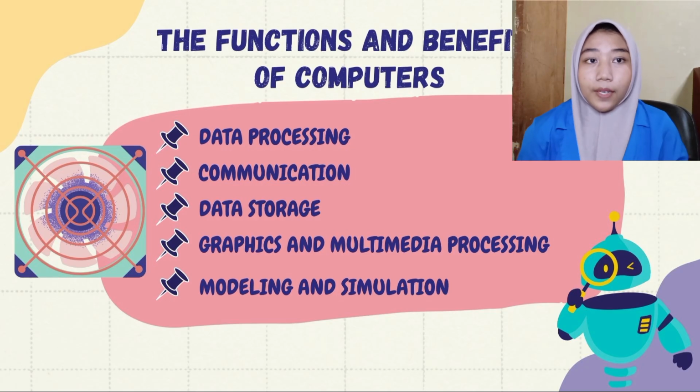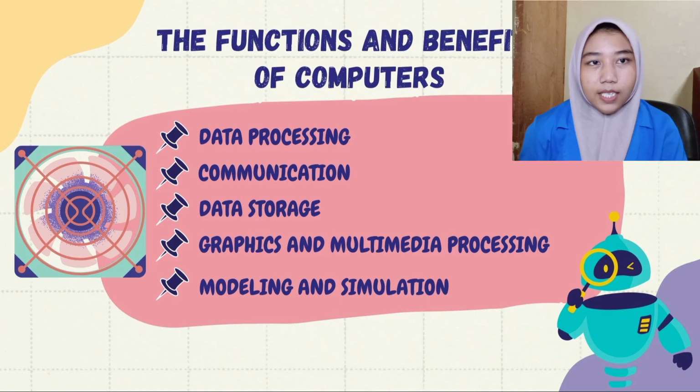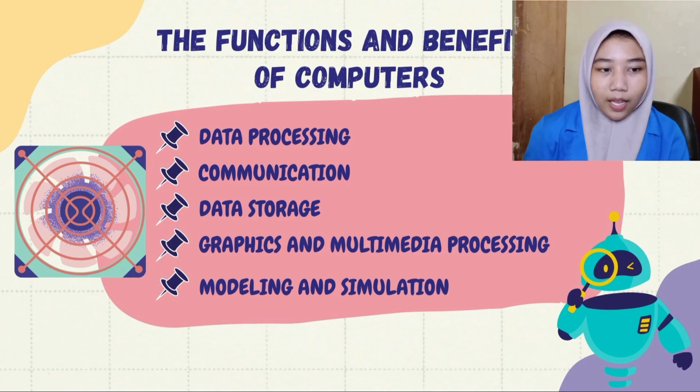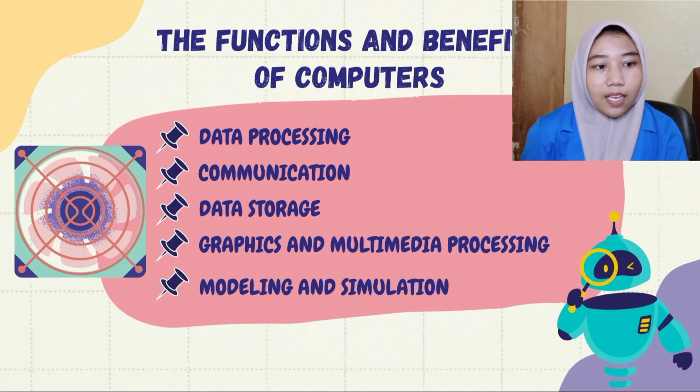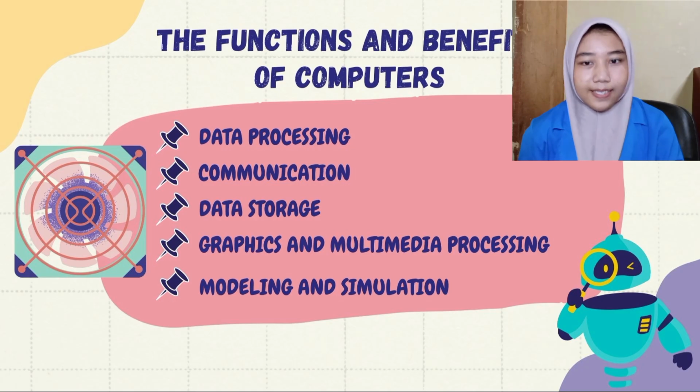Graphics and multimedia processing. Computers can process images, videos, and audio for various purposes. The last one, modeling and simulation. Computers help visualize complex processes or predict outcomes in various fields.